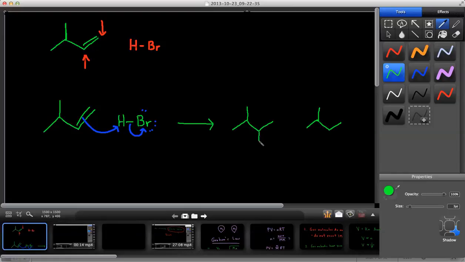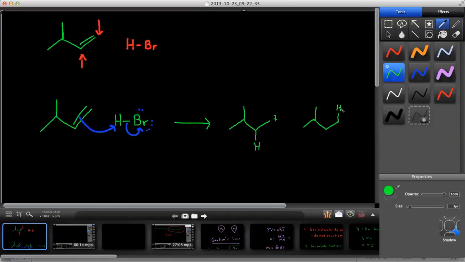We could attach it to carbon number 2, which would leave a carbocation at carbon number 1. Or we could attach the hydrogen to carbon number 1, which would leave a carbocation at carbon number 2.